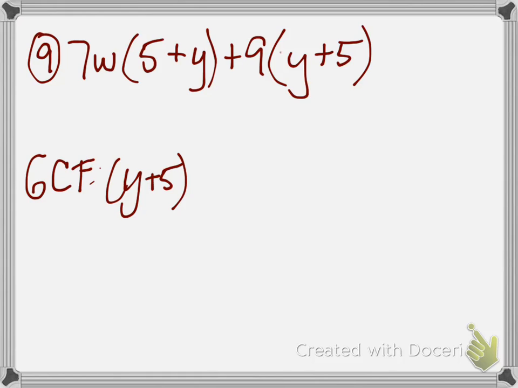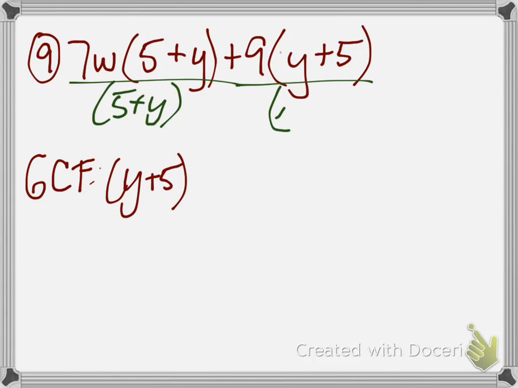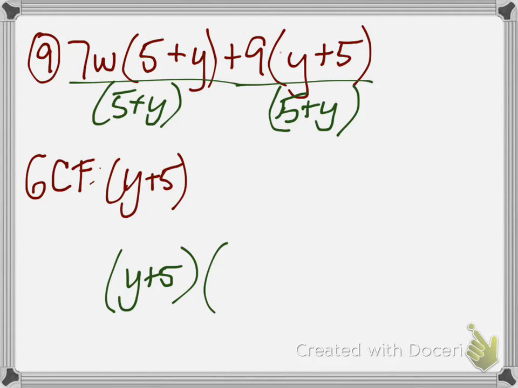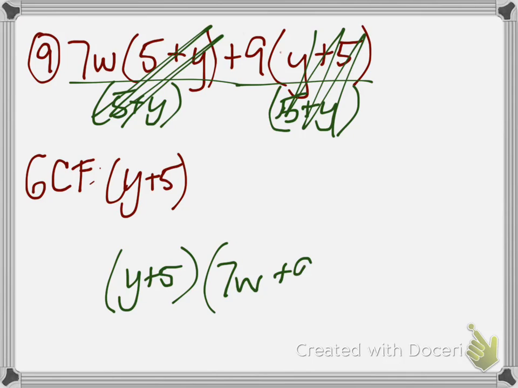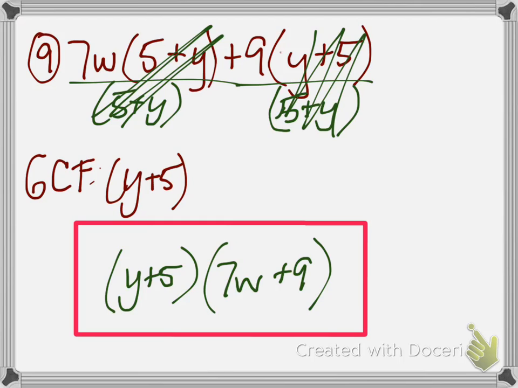Because I'm factoring out a whole quantity, that whole quantity is just going to cancel. Addition is commutative. It works both ways. So when I factor that out, here I have y plus 5, and in my next set of parentheses, once this cancels, I'm left with just the 7w, and here I'm left with just the 9. And there's my solution to number 9.